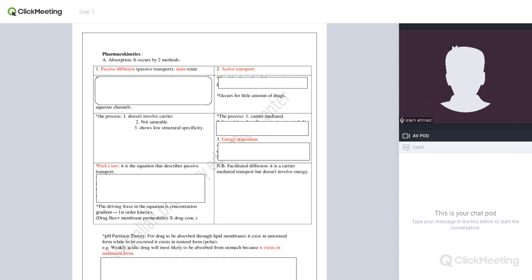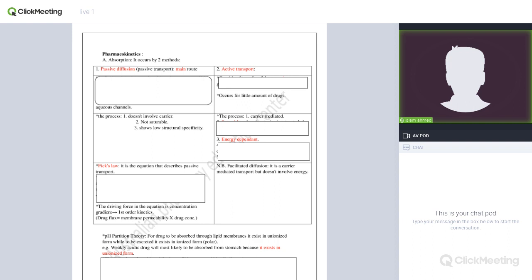For the pharmaceutics part, we mainly discuss and illustrate the pharmacokinetics in the body: absorption, distribution, elimination, excretion, and metabolism. Also, we will discuss the dosage forms, routes of drug administration, the surfactants, all those related topics.